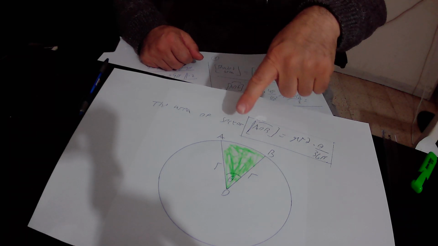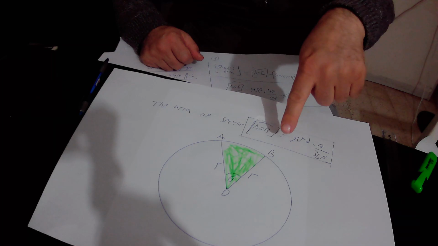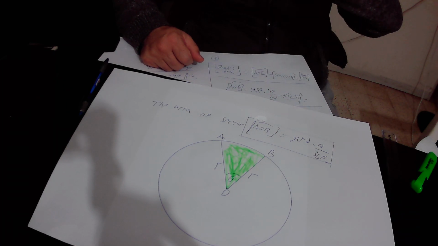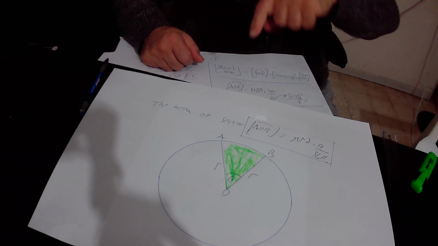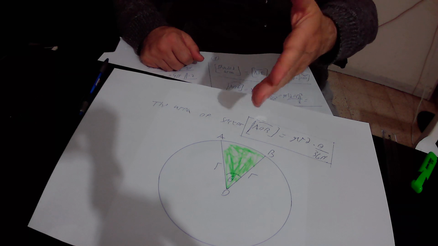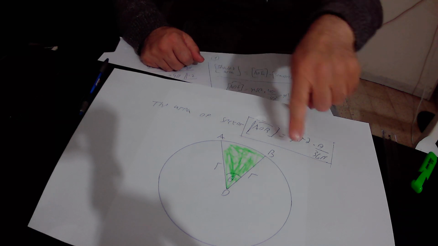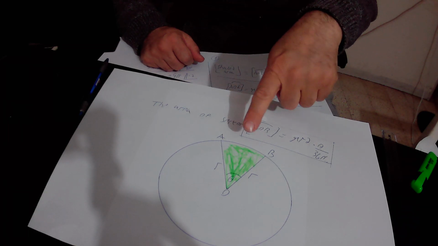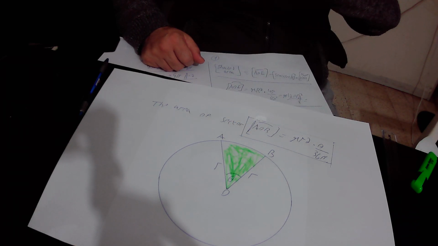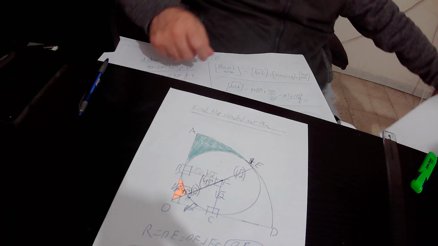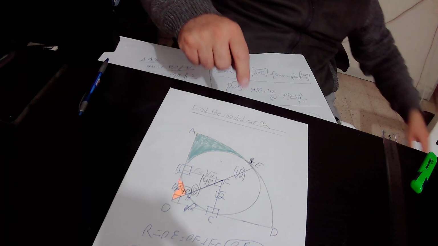Sector AOB has two legs, AO and OB, which are both equal to the radius R of the circle, and the angle between the two legs AO and OB is theta. So the area of this sector AOB equals pi r squared, that is the area of the circle, times theta over 360 degrees. Okay, so we can implement this rule in order to find the area of sector AOE.